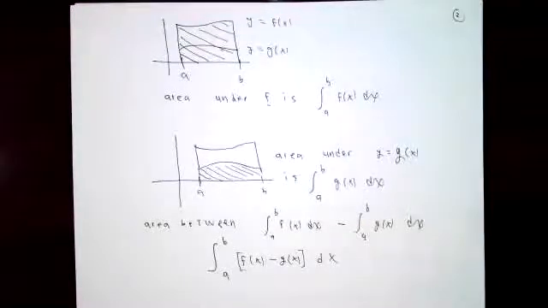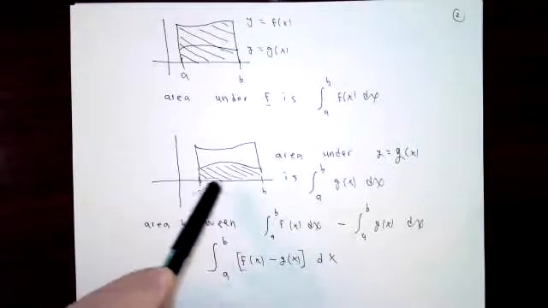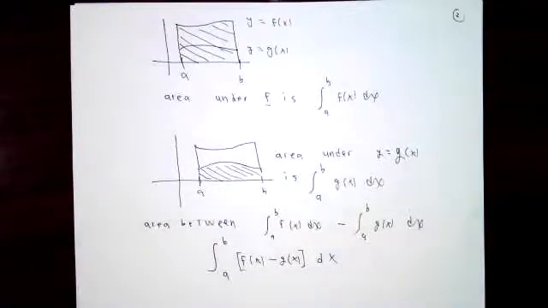Likewise, presuming that g is positive, I can calculate the area under the g curve from a to b by looking at the integral from a to b of g of x with respect to x. And if I subtract the two areas, I get the area that I'm after. Because of the way that integrals work, of course, you can take this difference and write it as a single integral.